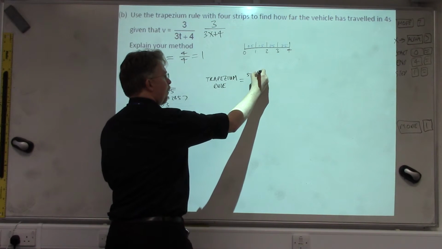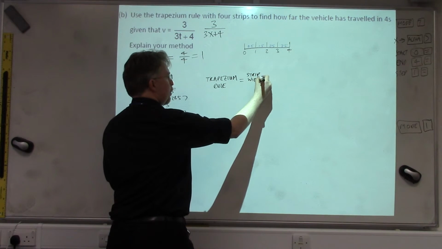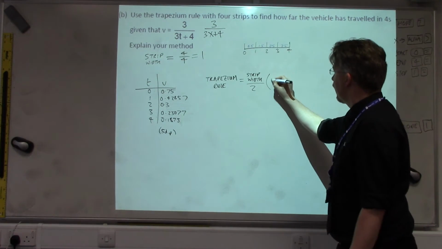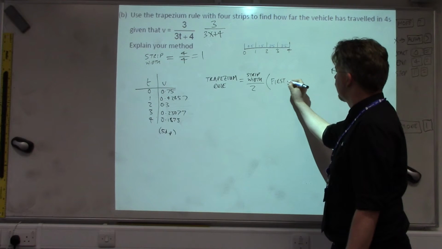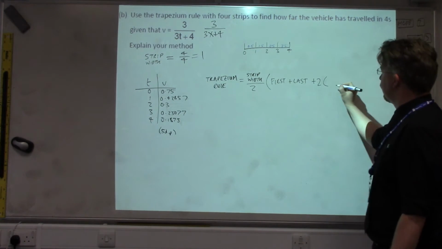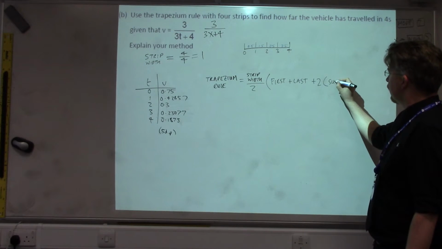Right, so the Trapezium rule formula equals strip width divided by 2, open bracket, first plus last, plus 2 times the sum of the rest.